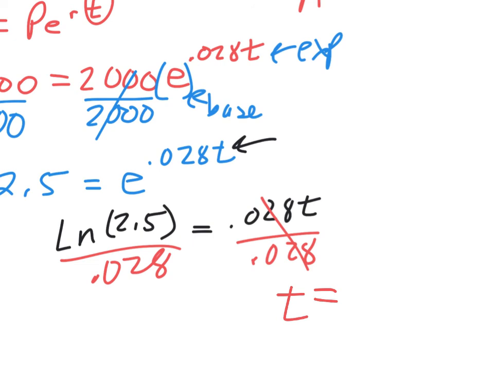I need that ln button, 2.5, finish off parentheses, and then divided by 0.028. Oh, geez. There we go. So it's going to take 32.7 years to get to $5,000, or basically 33 years.